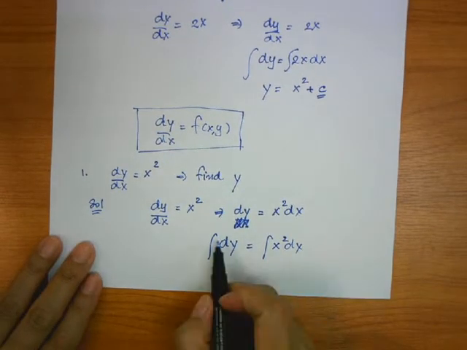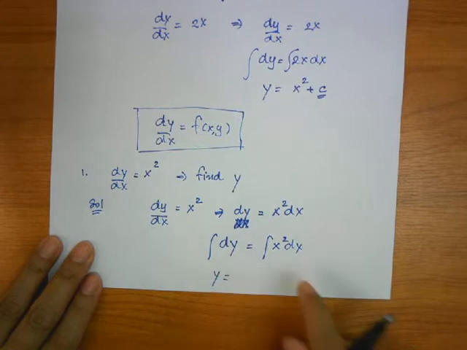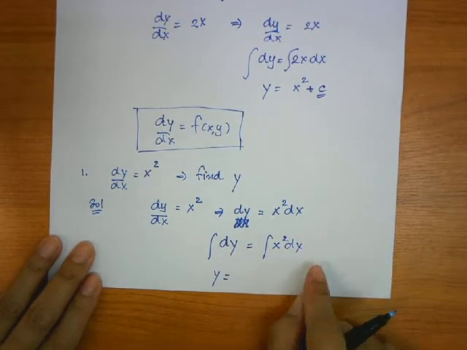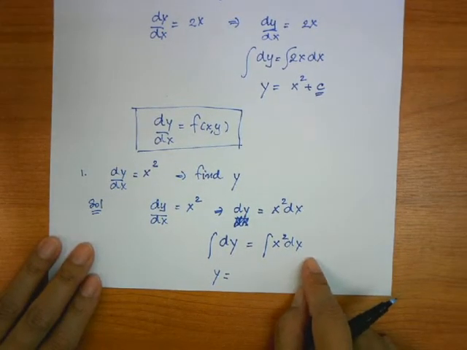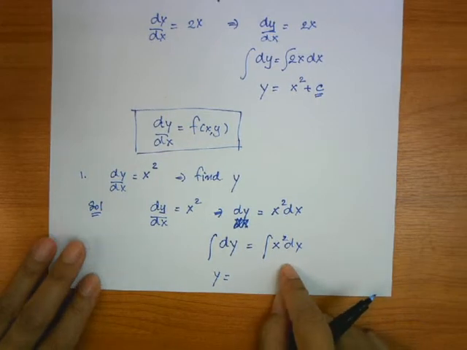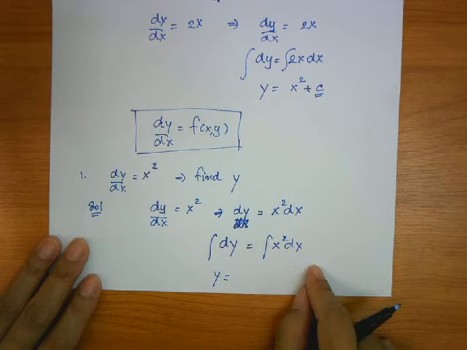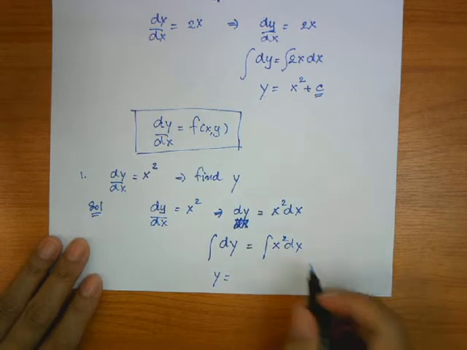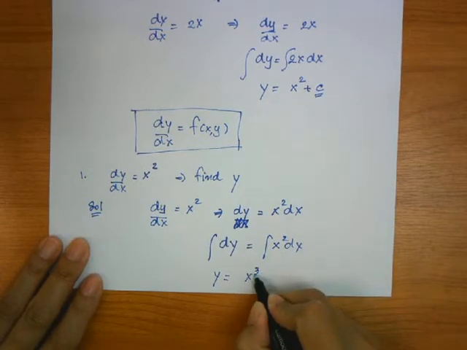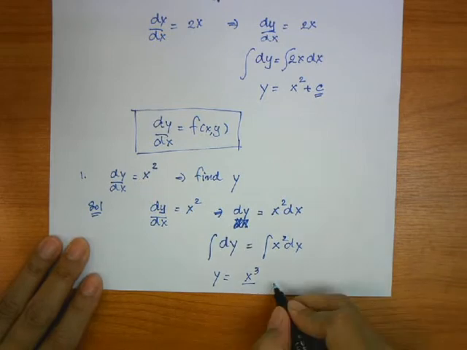The integral of dy is equal to y, and the integral of x squared dx is equal to x to the power 3 divided by 3.